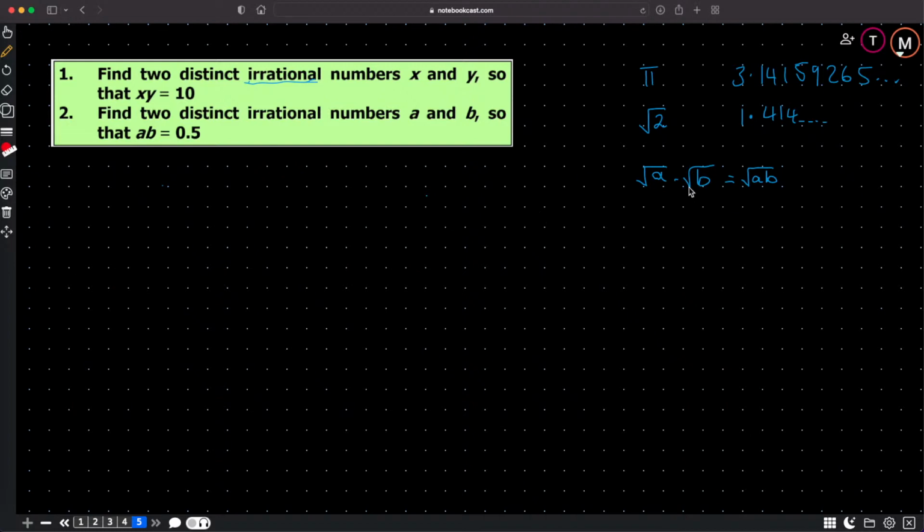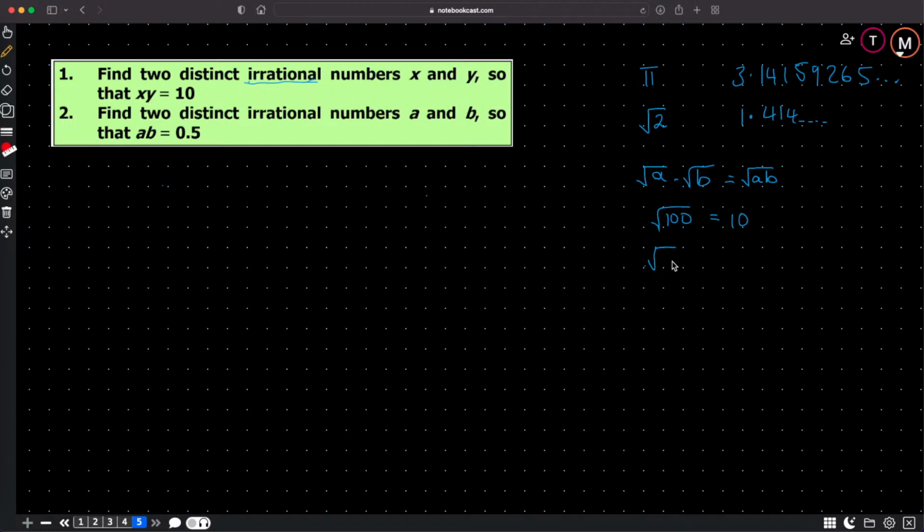So if we can think of two numbers that multiply such that we get 10, the square root of what is 10? The square root of 100 is equal to 10. So if we get two numbers, a and b, that multiply to 100, then we will get 10 here, and they will be irrational. Basically that's what we're trying to do to answer this question.